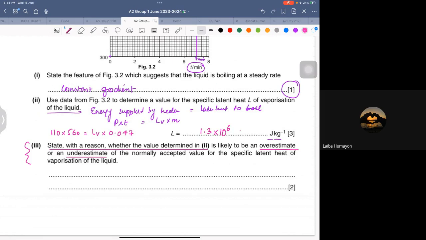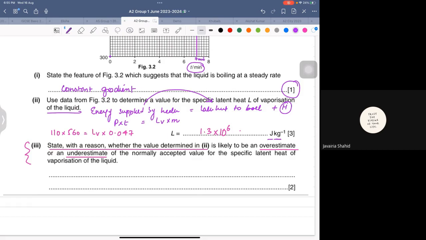Now it says, what do you think? Is it an overestimate or an underestimate? Overestimate. Why? Some of the energy should be lost to the surrounding as well. Yes, it is an overestimate, because by not adding H, we're actually thinking that all this energy goes into this, which is not true.